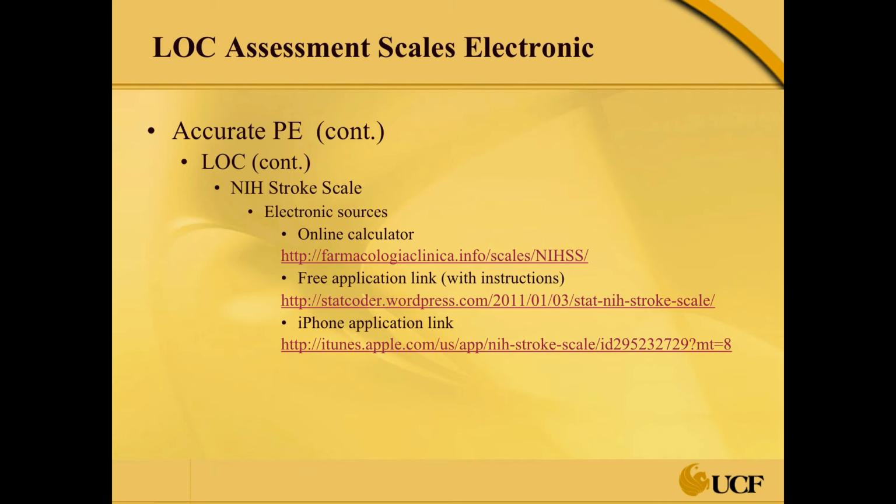But you see a lot of these instruments in this particular app. So for example, your Nexus criteria that we talked about for C-spine injury and imaging and all that good stuff. The NIH stroke scale is on the CliniCalc app. The Glasgow outcome scale is on here. There's just lots of different tools you can use.